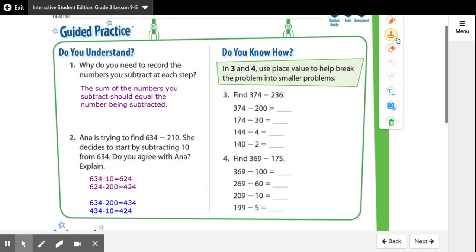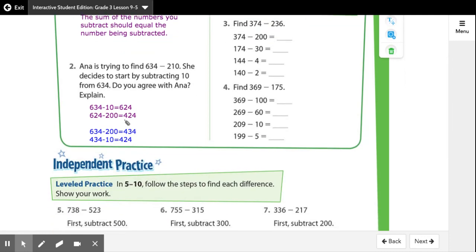So, as you can see, no matter which one we subtract first, whether it's the tens or the hundreds, we're still getting to that same answer. So it's whatever makes sense to you, but you should go check your work and add up what you subtracted to see if it equals that number. Okay, so 200 plus 10 equals 210. Yep. 210 equals 210. Yes. Okay.